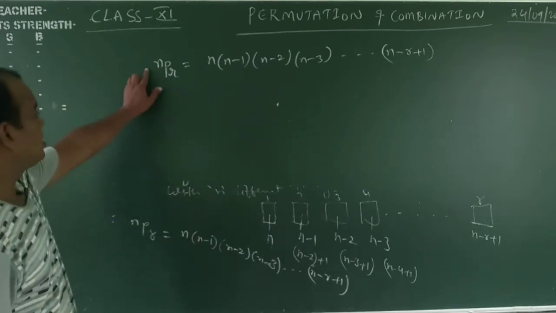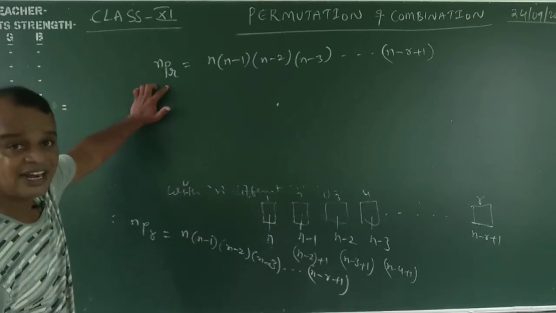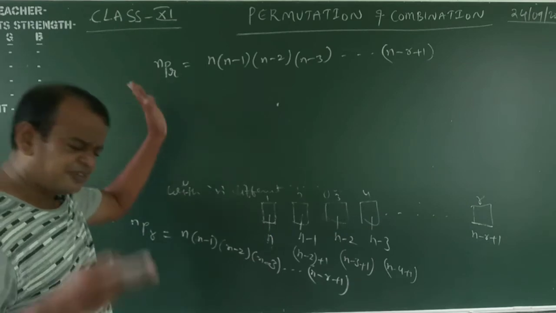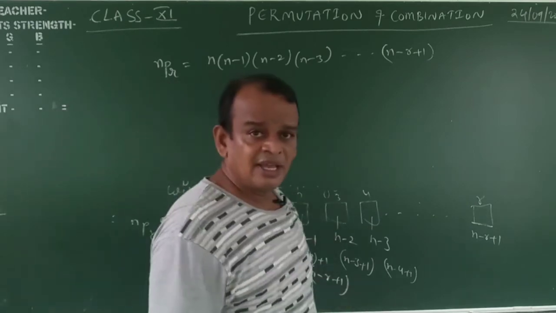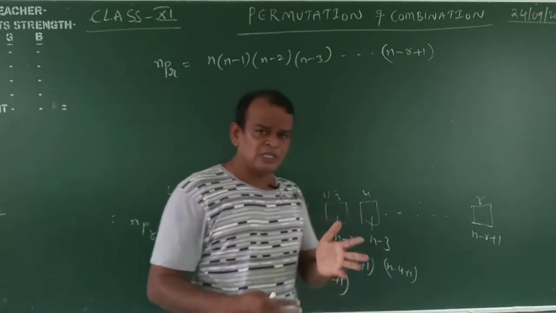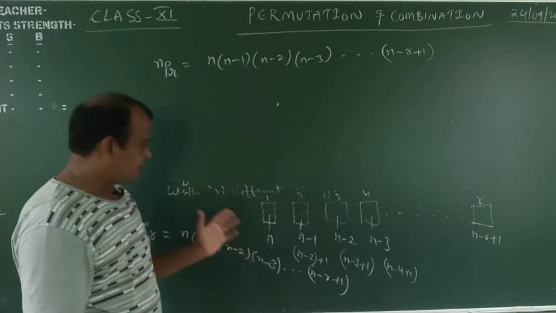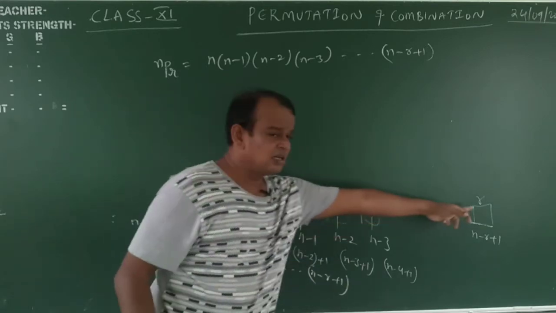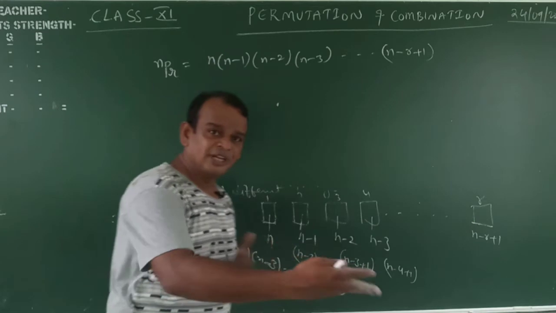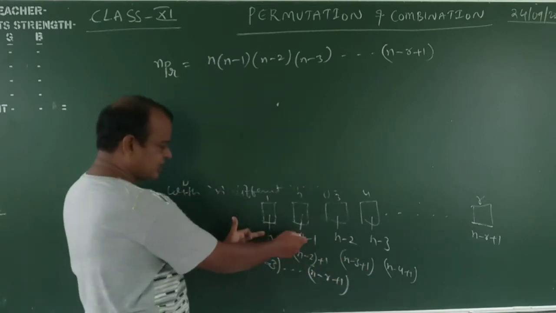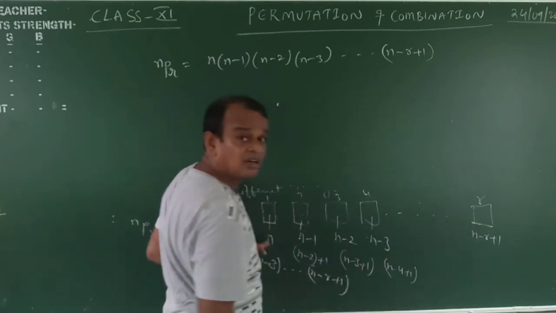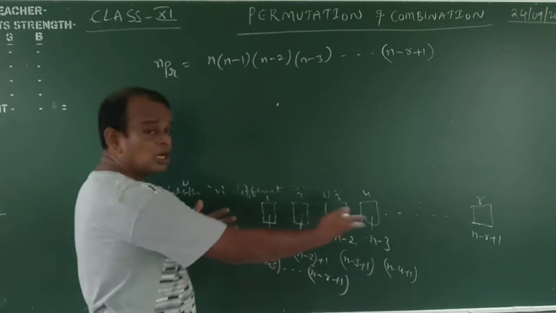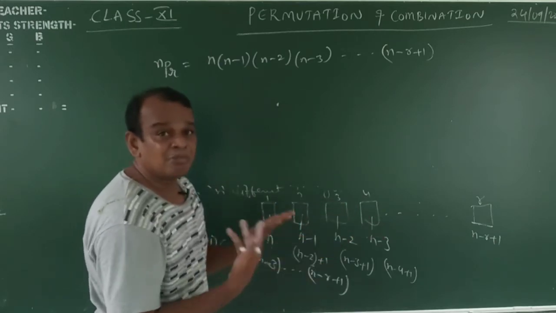Now here NPR contains how many factors? That is a very important question. NPR means product of 1, 2, 3, and so on, R. Product of how many numbers? This is one number, second, third, fourth, how many? R. This is NPR means product of R numbers, R boxes.